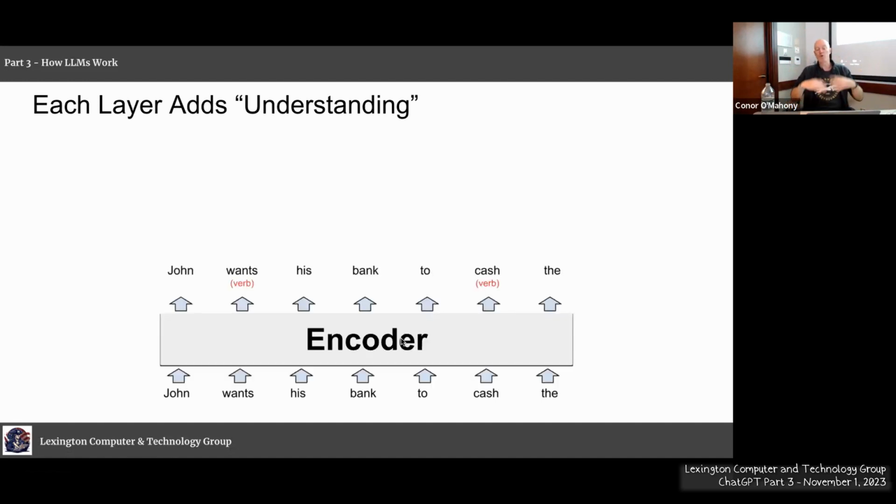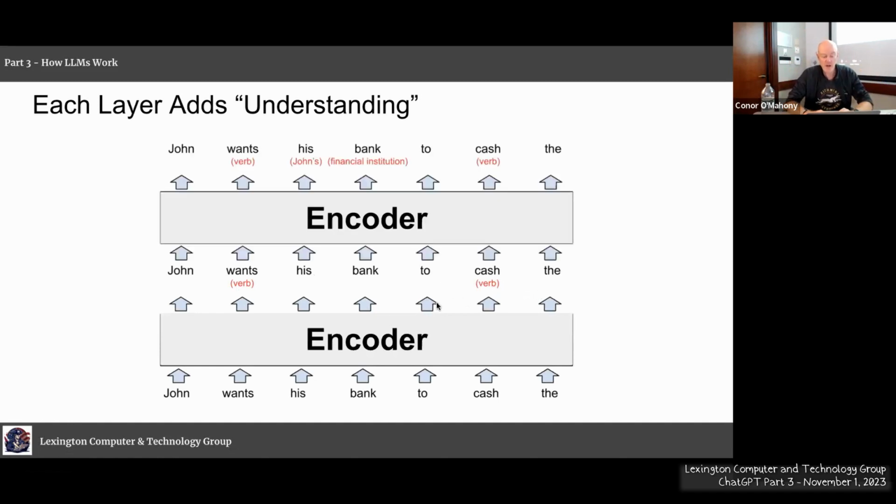Well, it will go through one layer and maybe identify verbs. It'll go through another layer and it will start to disambiguate his and bank, and so on through the layers. And as it goes further up through the layers, it's doing higher and higher level conceptual associations.